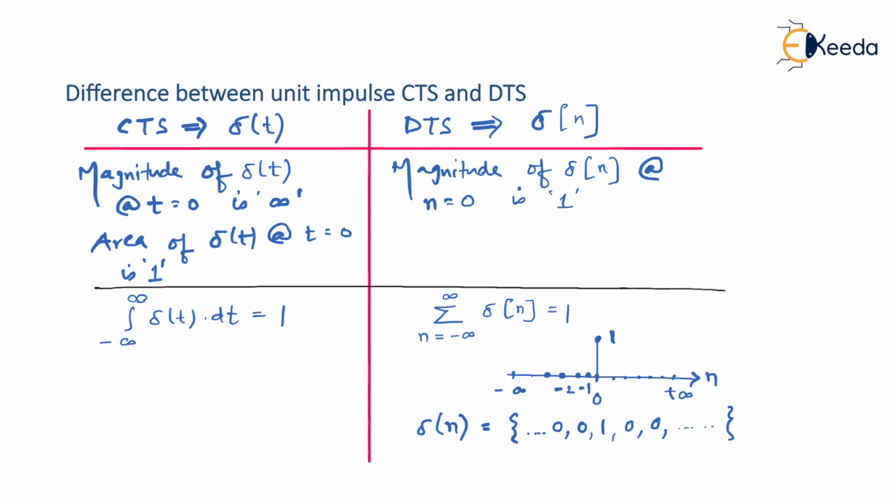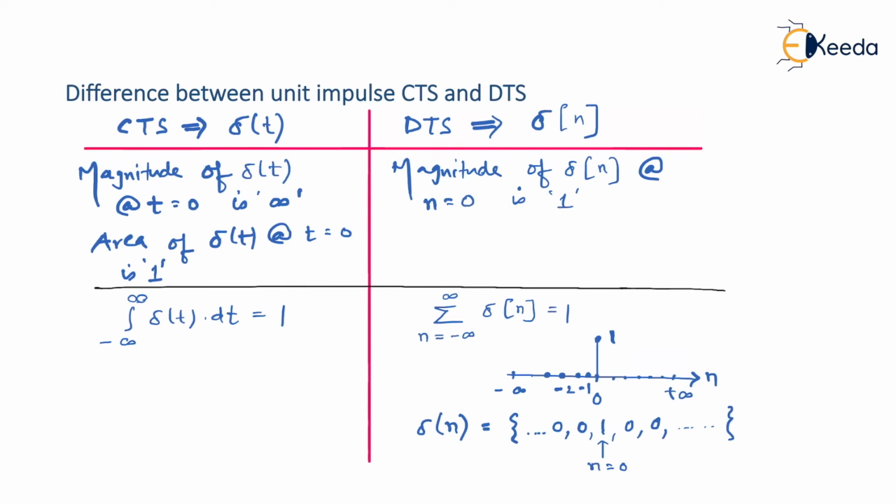So infinite samples are there which are 0. Only one sample is there which is non-zero, and that too at n equal to 0. And to say that this one is present at n equal to 0, we show this arrow mark. This arrow mark indicates the n equal to 0 position of del of n. So we have a facility to represent del of n in sequence form.